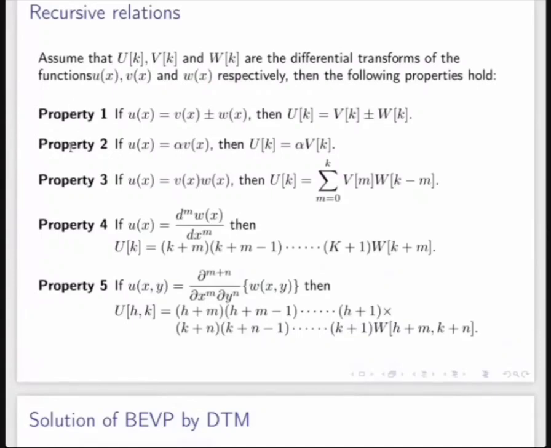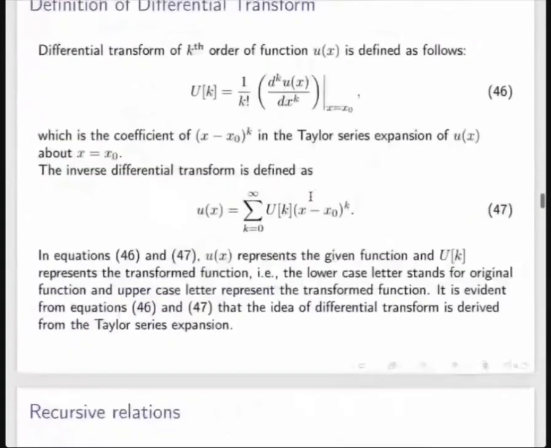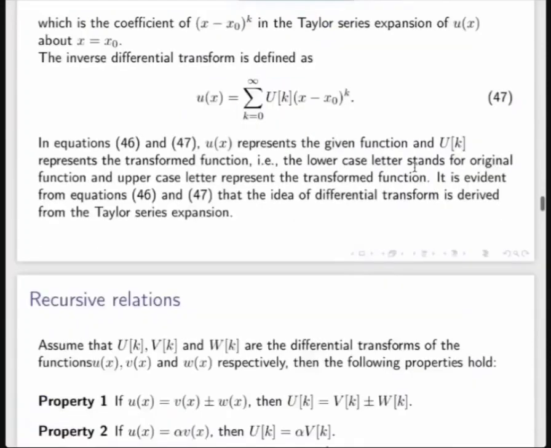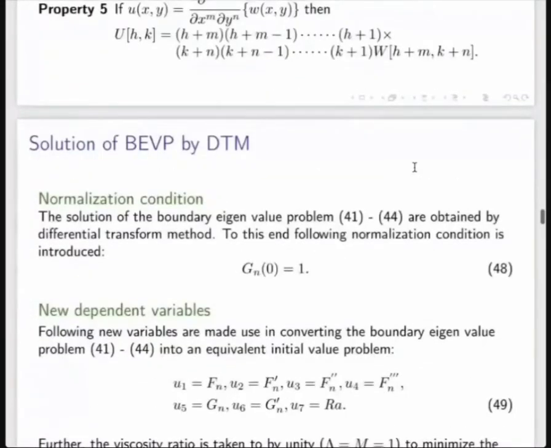So the properties 1 to 4 are the ones which are used in the present solution procedure. And all those properties can be derived by using equation 46, okay?